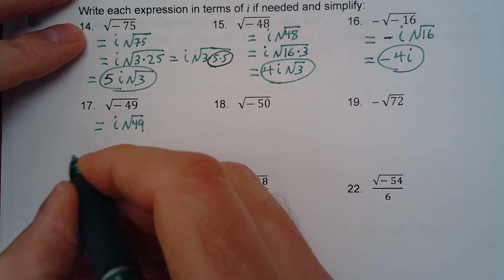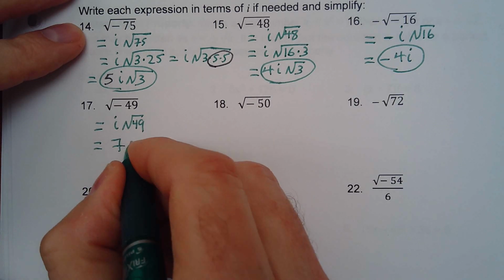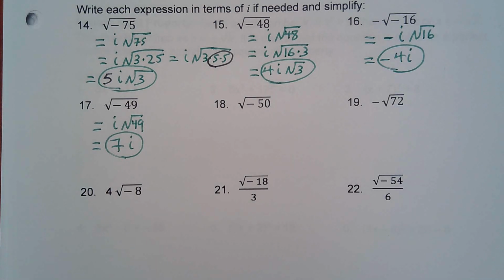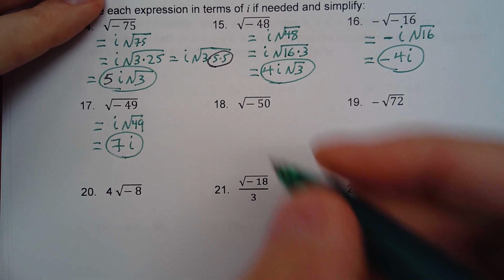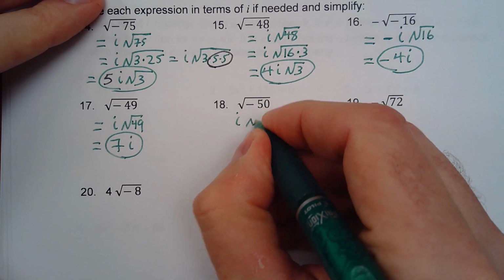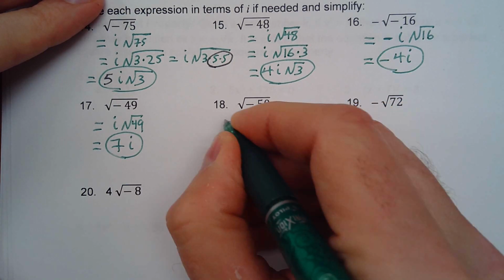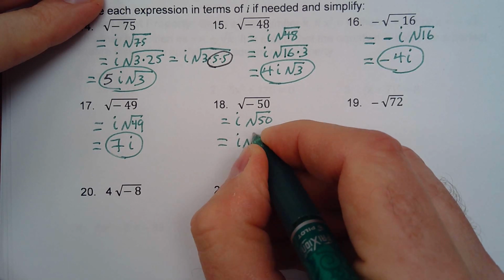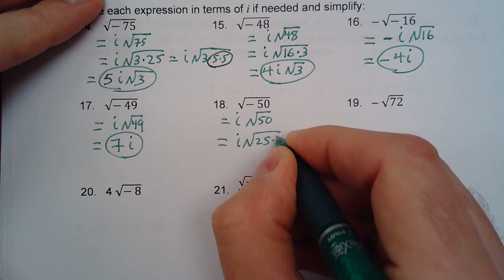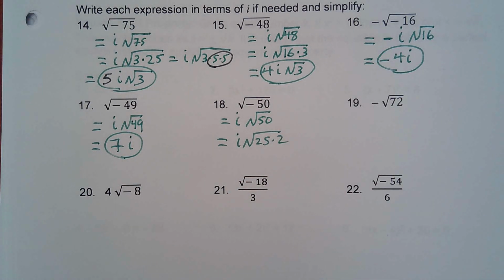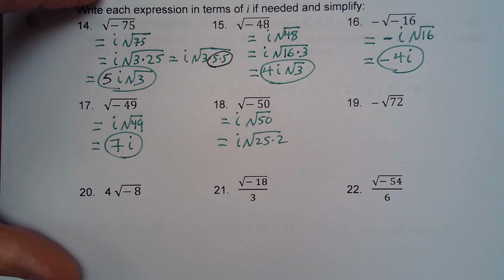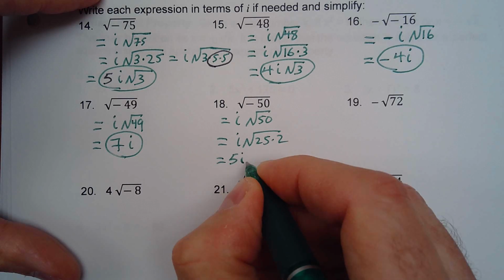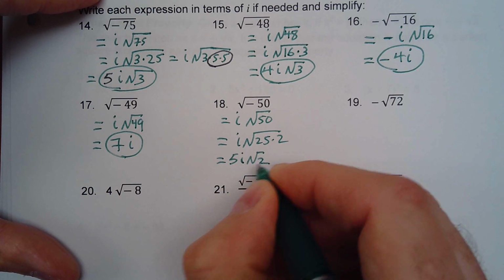Square root of 49 is 7, so that's just 7i. That's i square root of 50. 50 is 25 times 2. I can take the square root of 25, so that would be 5, square root of 2.